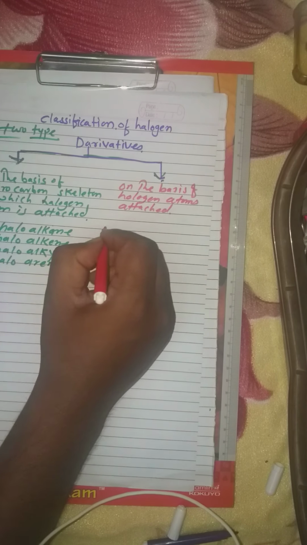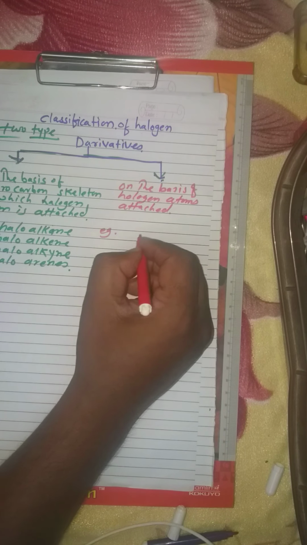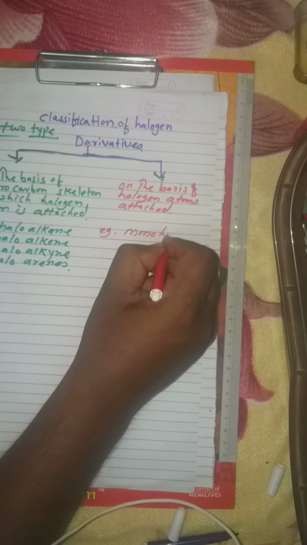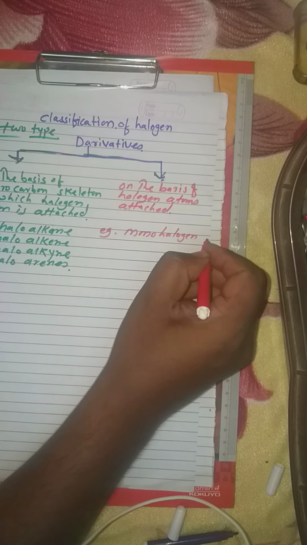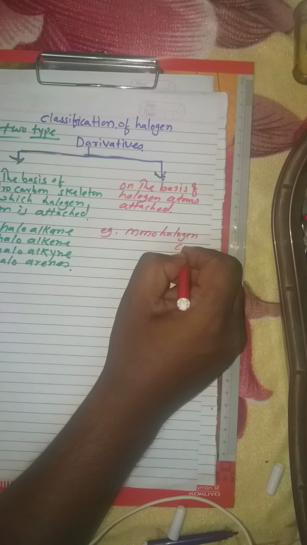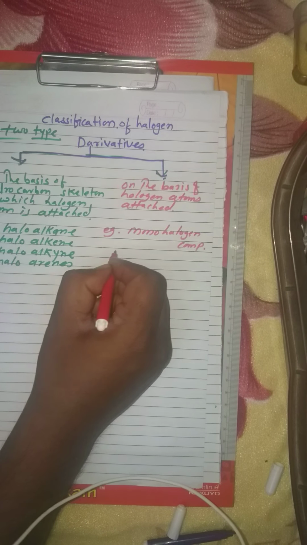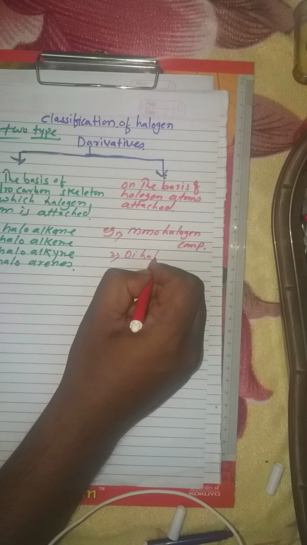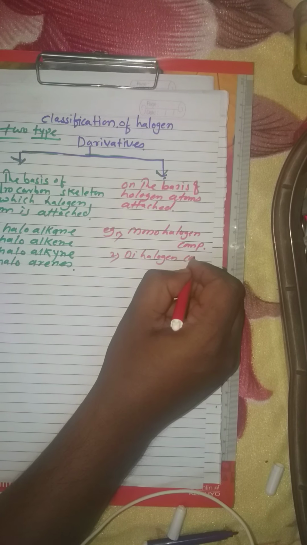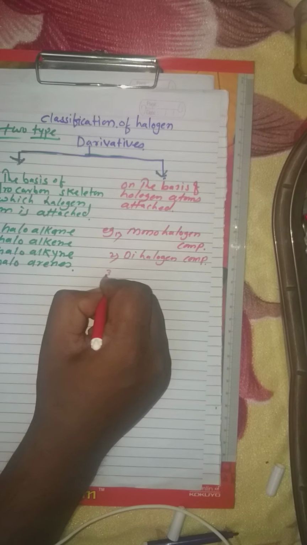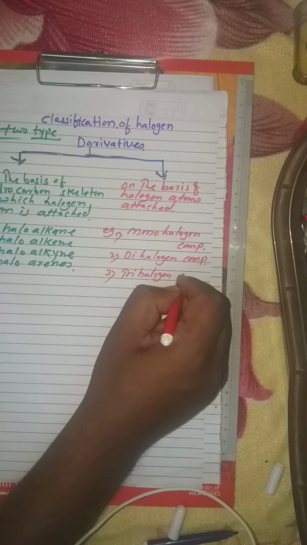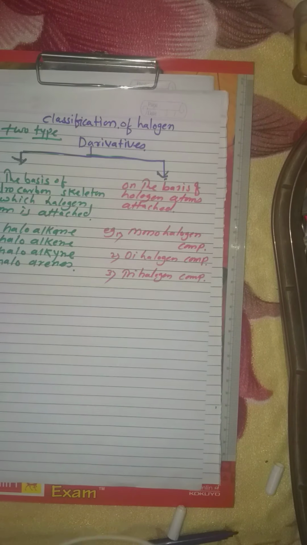Examples of these are number 1, monohalogen compounds. Number 2, dihalogen compounds, and number 3, trihalogen compounds.